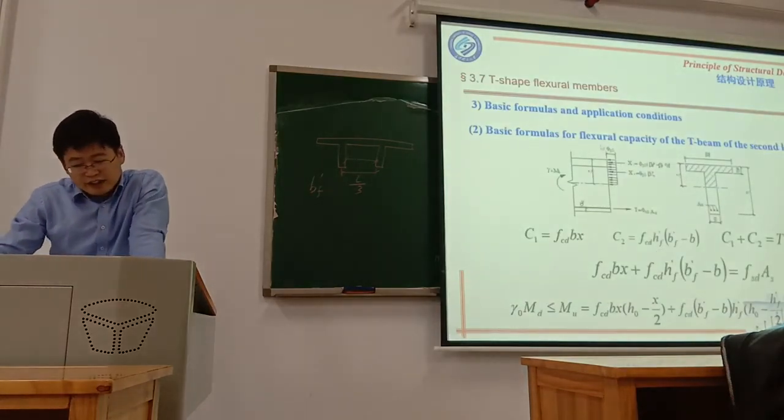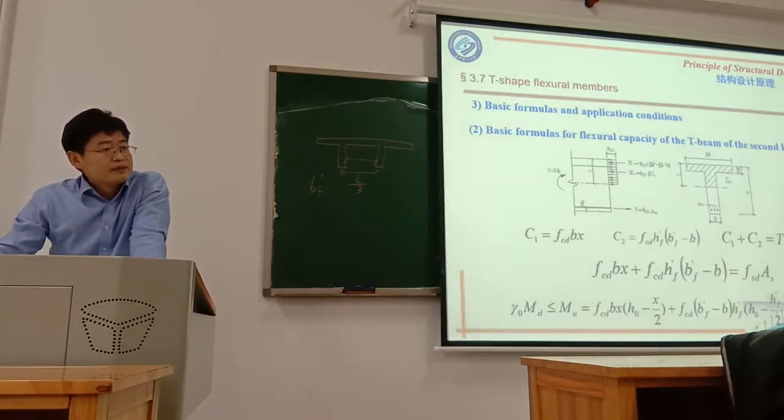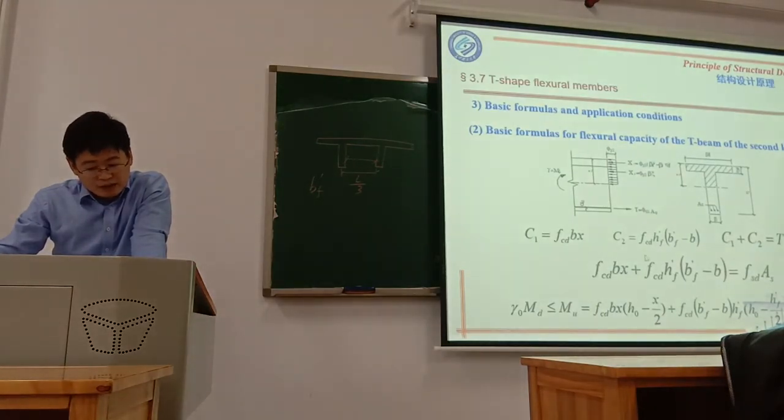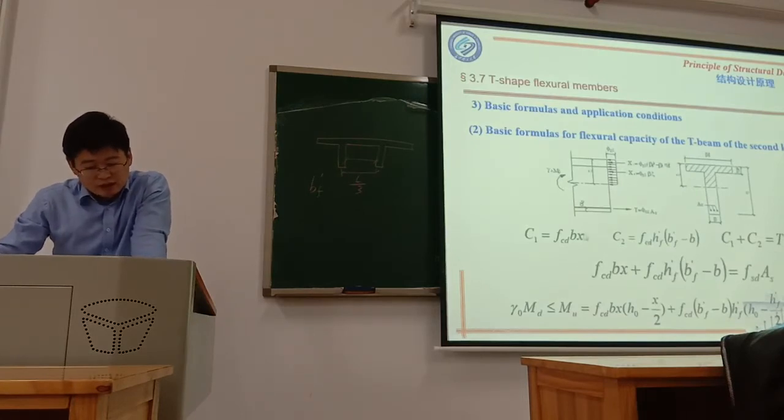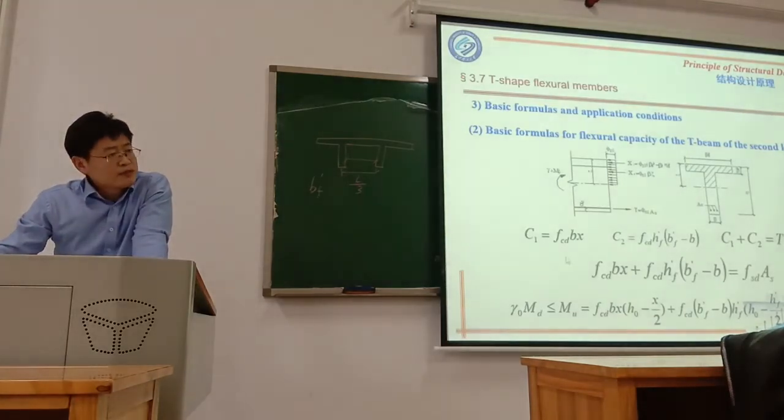And for the second type, if in the T shape not only the flange but also the rib is in compression, then the force equation is a little bit different, because the compression force includes not only this part but also this part.